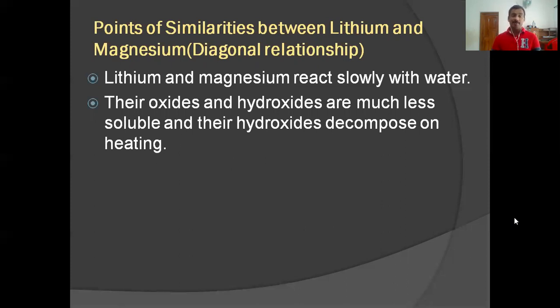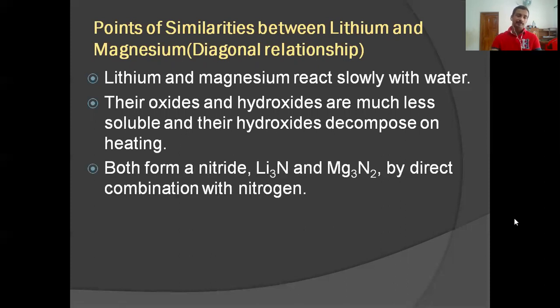But lithium hydroxide decomposes on heating to lithium oxide and water. In the case of magnesium also, that will happen. Hydroxide decomposes and solubility is less in water. Both form a nitride when treated with air.